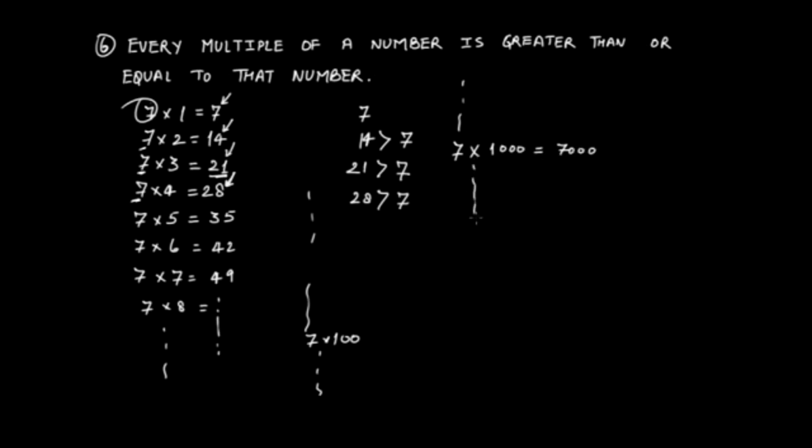Then you would go on and get 7 times 10,000, which is 70,000. And then you would go on, and it's not going to stop anywhere, because you don't have any largest possible number. It would be larger than what you are seeing here.